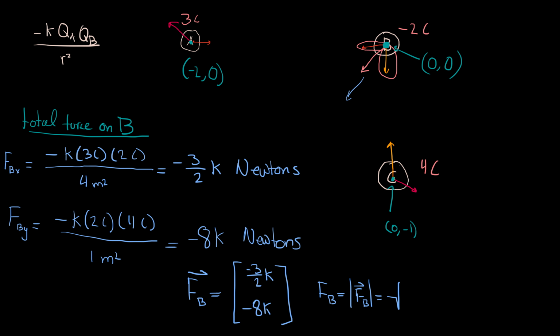So that's going to be 9 over 4 k squared, because we're squaring this, and then if we square the top and bottom of this, we're getting 64k squared. If we take the square root of this, we'll find that this is the exact force that's acting on B in this direction, and this is the direction that B is going to be moving.